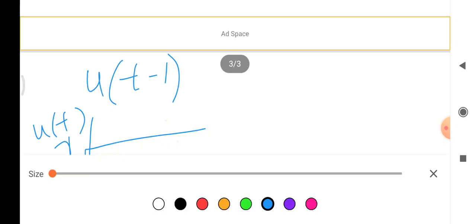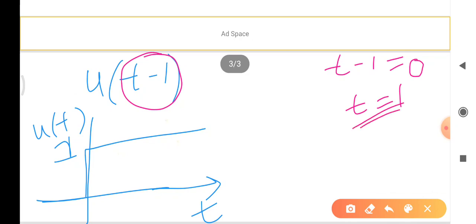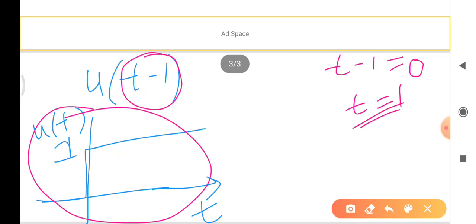For that, take t minus 1 and don't put it equal to 1. There is addition and subtraction, an algebraic sum, so we equate it to 0. Then t will be equal to 1, sending this minus 1 to the other side. Then t equals 1 second. So whatever signal you have originally, that signal has to start from 1 second.